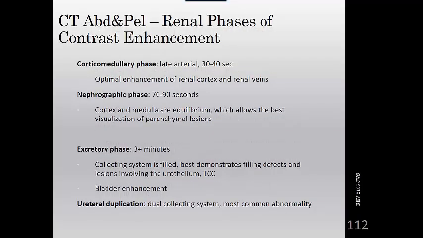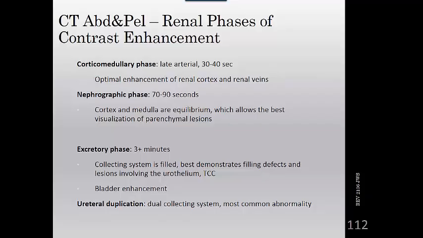As with other organs of the body, the kidneys undergo different phases of contrast enhancement, and those include the corticomedullary phase, which is the late arterial, at 30 to 40 seconds. The optimal enhancement of the renal cortex and the renal veins occurs during that time.